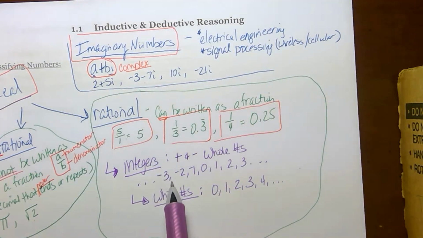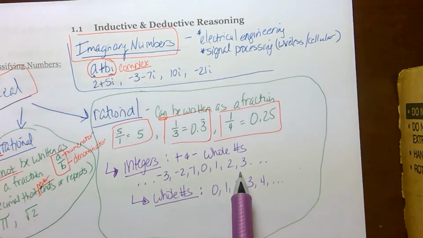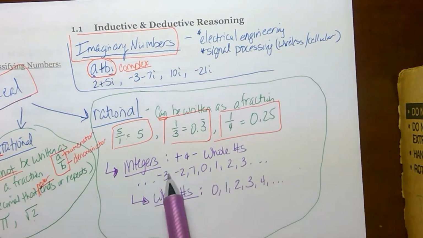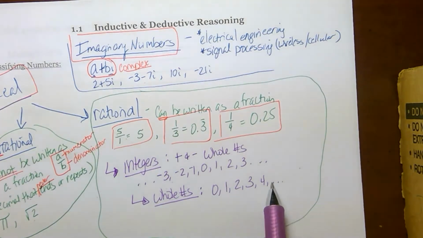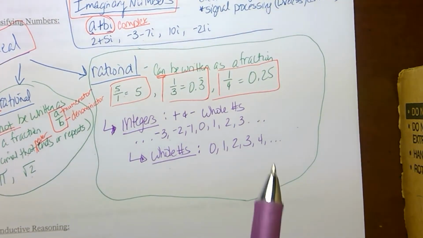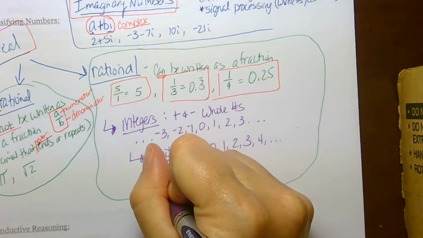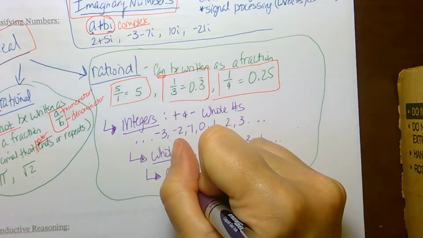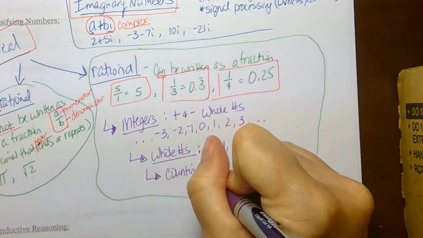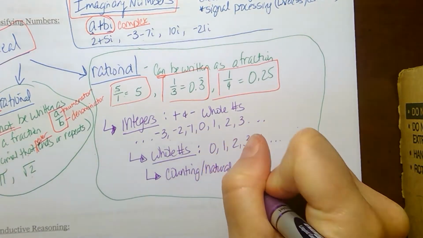So integers include negatives, 0, and positives, everything with a denominator of 1. Whole numbers include 0 and the positives, all with a denominator of 1. And then my smallest set are my counting or natural numbers.